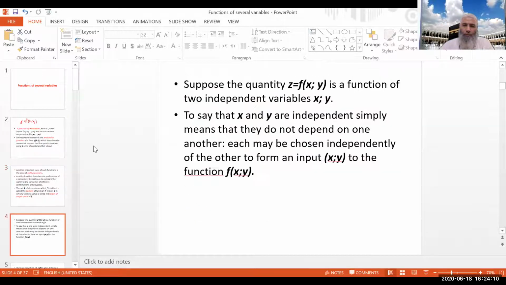Let's see what this is. Suppose the quantity z equals f of x and y is a function of two independent variables x and y. To say that x and y are independent simply means that they don't depend on one another. Each may be chosen independently of the other to form an input x and y to the function f of x and y.